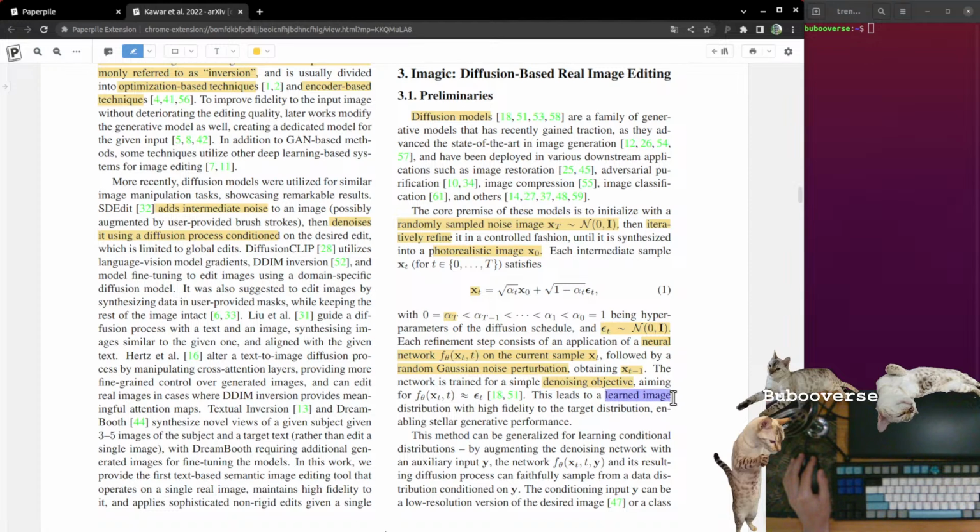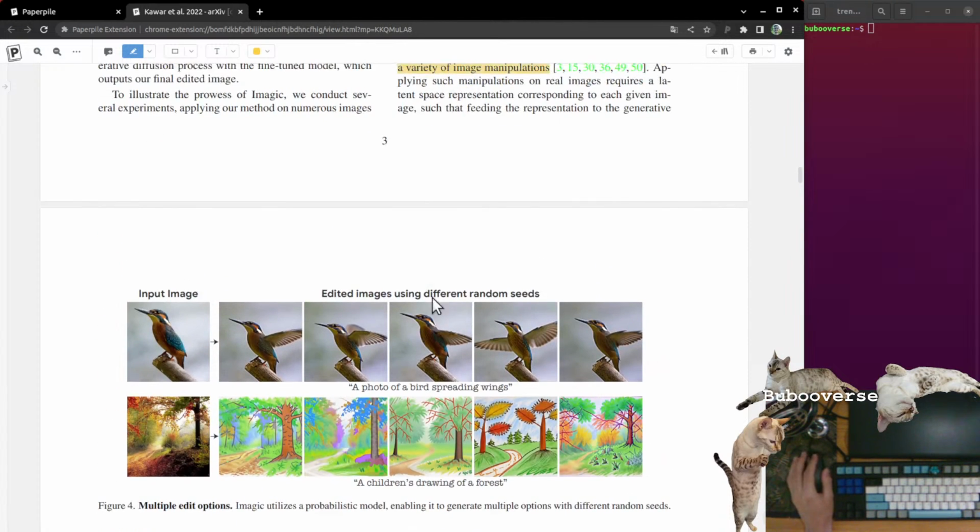So over time, it'll learn the image distribution with high fidelity to the target distribution. It's basically like unblurring a bunch of images, and by progressively unblurring these images, it learns those images very well. Okay, so that's how you can generate images.